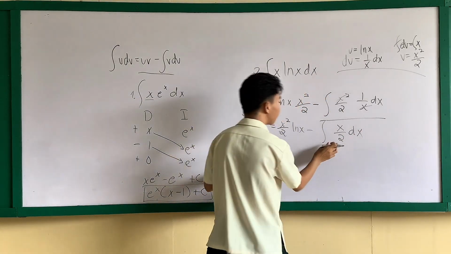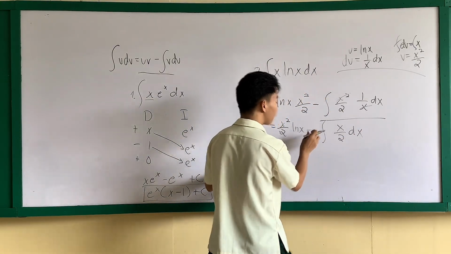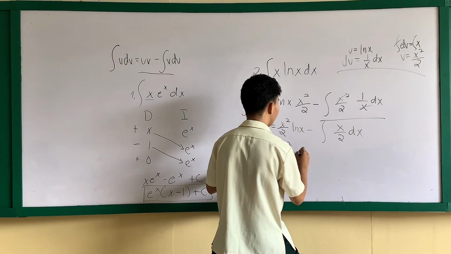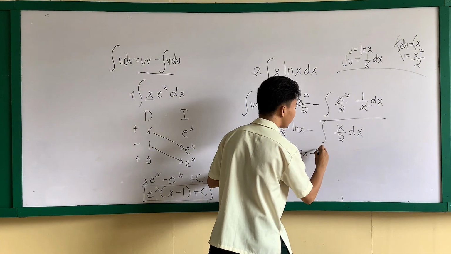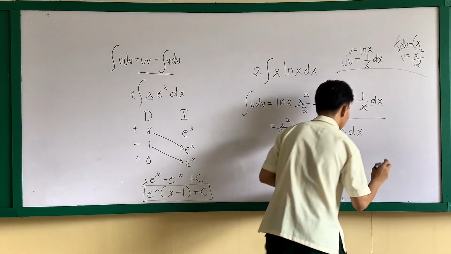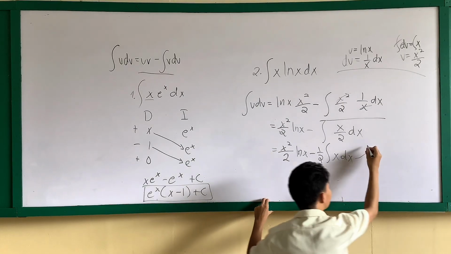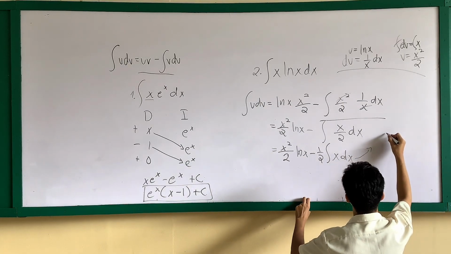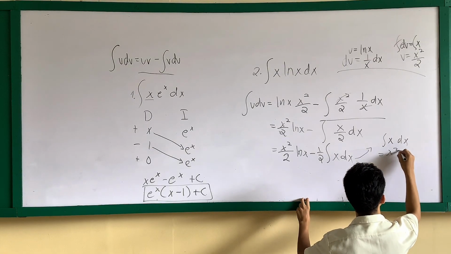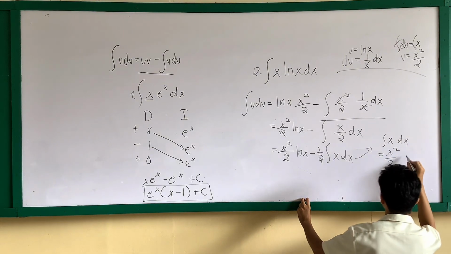Then we can put the constant in front of the integral. It's going to be x squared over 2 ln x minus 1 over 2 integral of x dx. Then we integrate this, x dx equals x squared over 2 plus c.